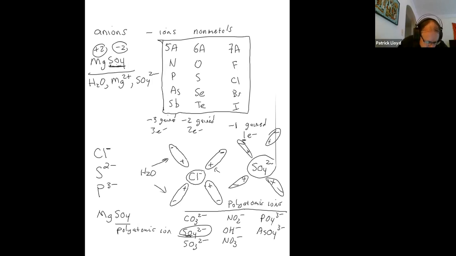The last one they put in there was FeBr3. Okay, so what do we have? We have Fe. Now this is a little tricky because what's Fe? Fe doesn't have a specific charge that it has to be. It could have different charges.